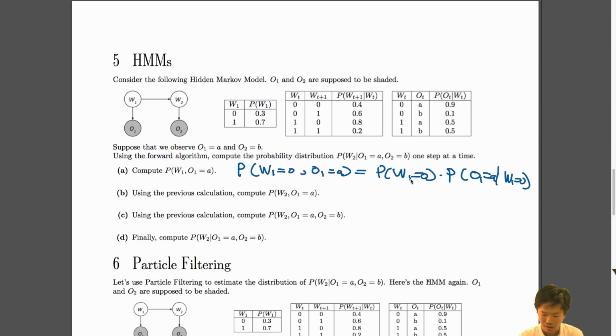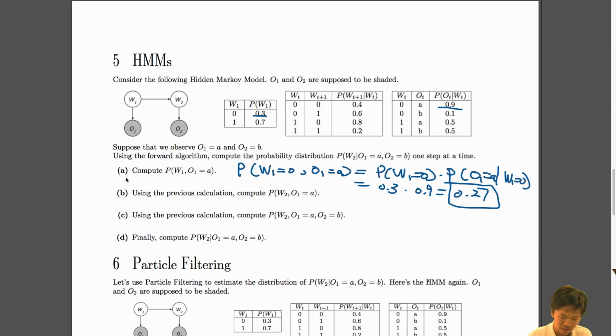Now we can plug in the values: P(W1 = 0) is 0.3, and the probability of O1 equals A given W1 equals 0 will be 0.9. So we multiply these two numbers together to get 0.27. That's going to be P(W1 = 0, O1 = A).